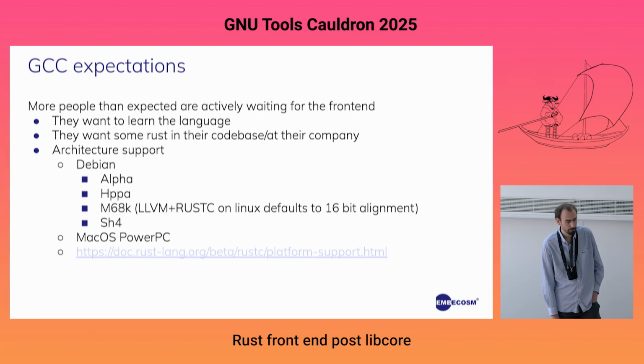We've also got some problems with macOS support with rustc, and I've put a link to the platform support page for rustc in case anyone wants to check what they're supporting and to what point they are supporting the architecture or target triplets.